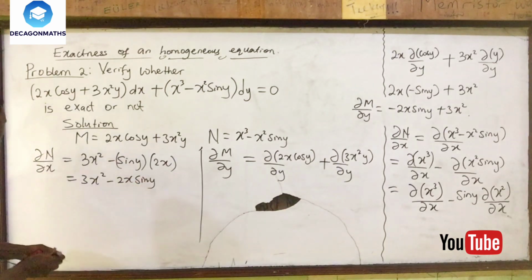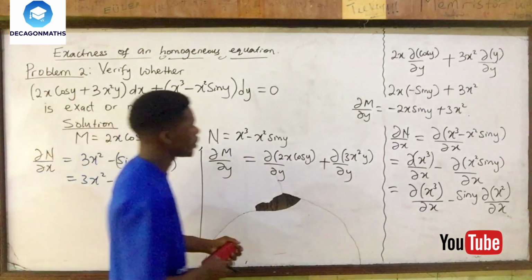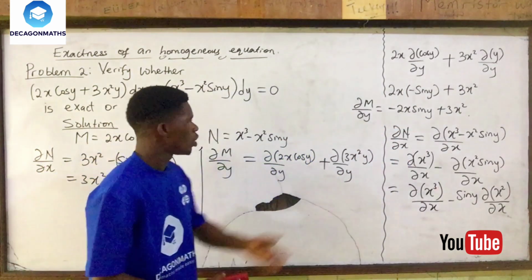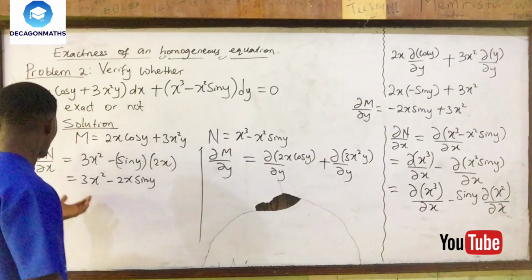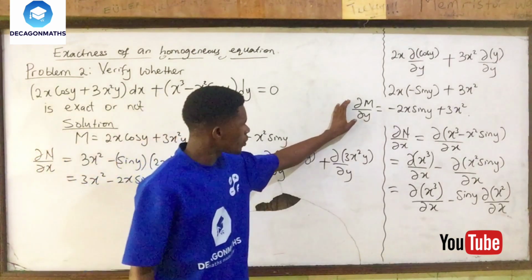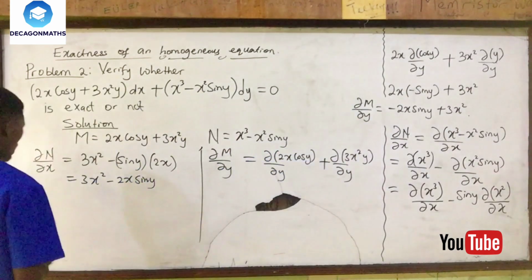Now let's check our answer here. This is minus 2x sin y plus 3x squared. That is our partial derivative of M with respect to y. The next thing we are going to do is compare the partial derivative of N with respect to x to the partial derivative of M with respect to y. So let's write them out.